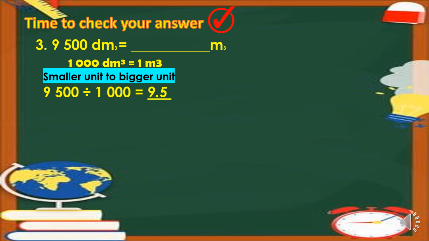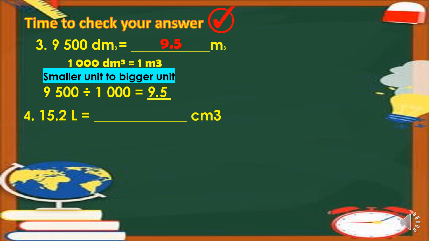So 9,500 divided by 1,000. Okay, so that is equivalent to 9.5. So that means 9,500 cubic decimeter is equivalent to 9.5 cubic meter.